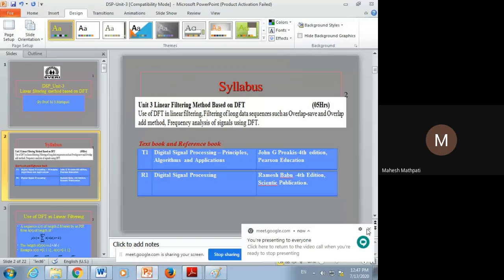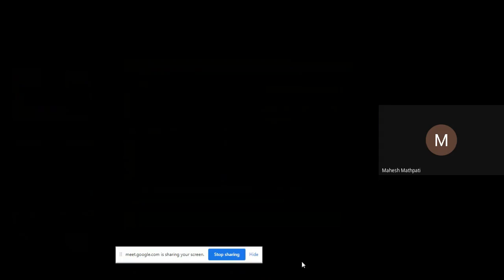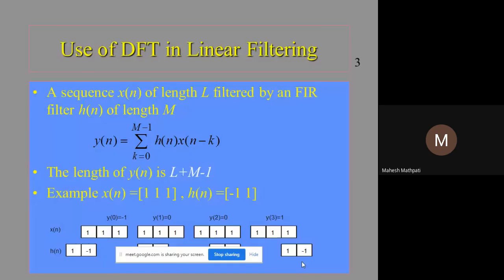Let us study one by one. Use of DFT in linear filtering. If we have a sequence x of n and h of n, how do we write the formula for linear convolution?